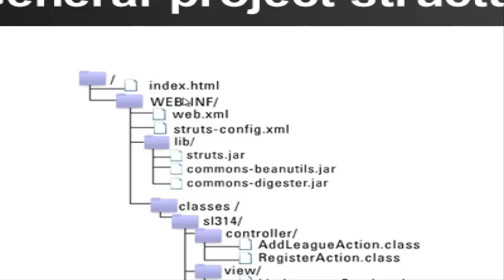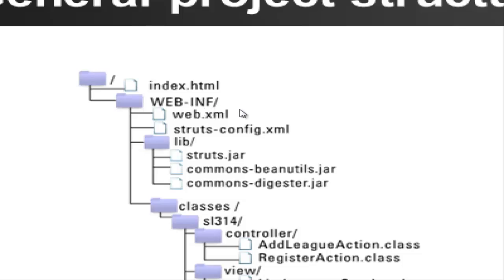Now if you are using NetBeans, it may be shown in some other folder, or if you use Eclipse or any other IDE, it may show the files in a different folder, but ultimately during the compilation it must come to the same place. Inside this WEB-INF, you are supposed to have the libraries.